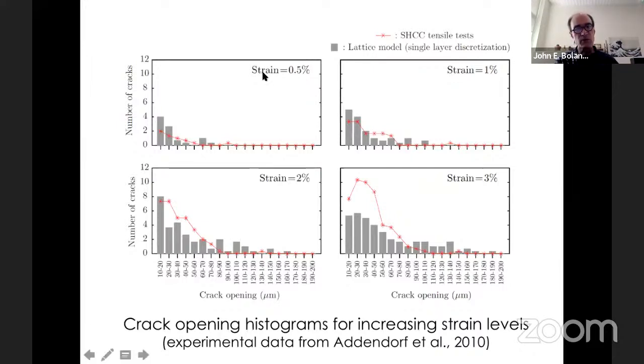And so for low strain levels, we match experimentally observed crack opening histograms fairly well. And then you get to some point where the two diverge. And that's because we're using a coarse mesh, and the mesh becomes saturated. You need a finer mesh to keep up with the experiment.